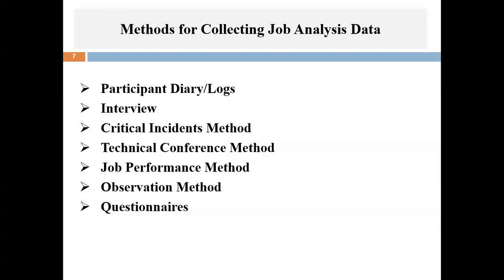A fair picture of the actual job requirements can be obtained by distinguishing between the effective and ineffective behaviors of the workers on the job. This method may be time consuming, and the analysts require a high degree of skill to analyze the contents of the descriptions given by the workers.